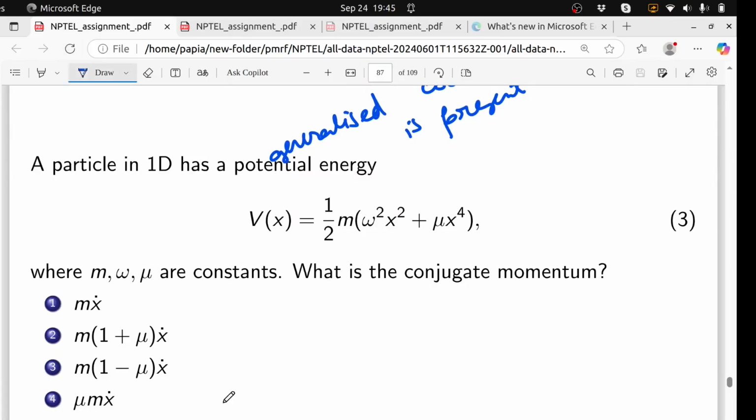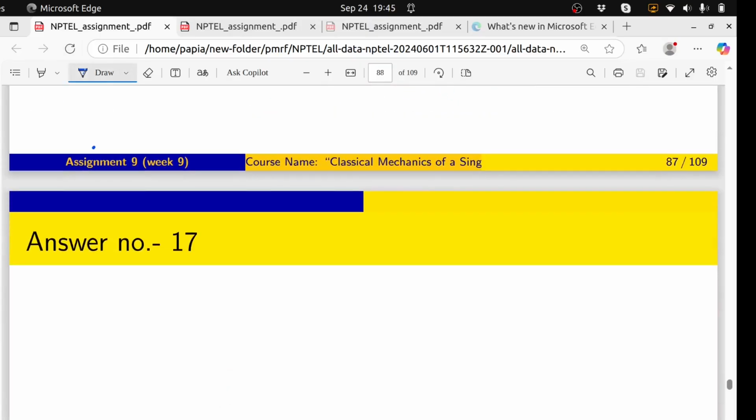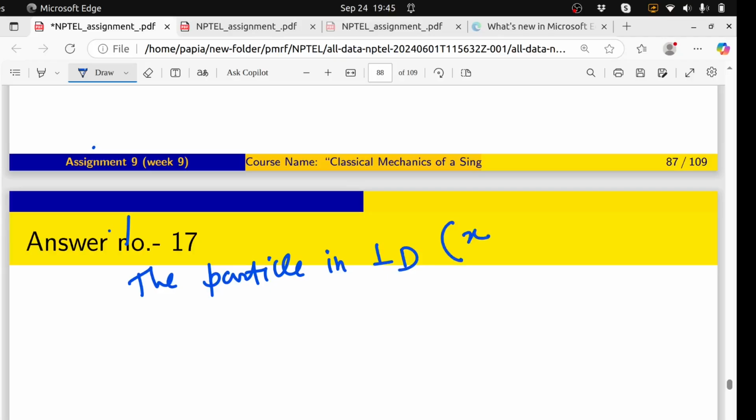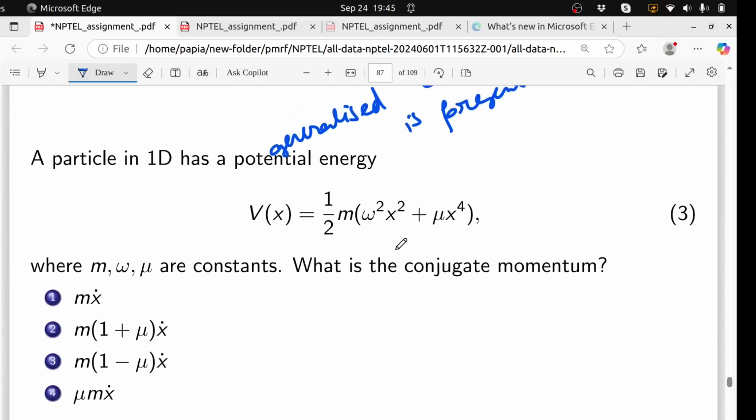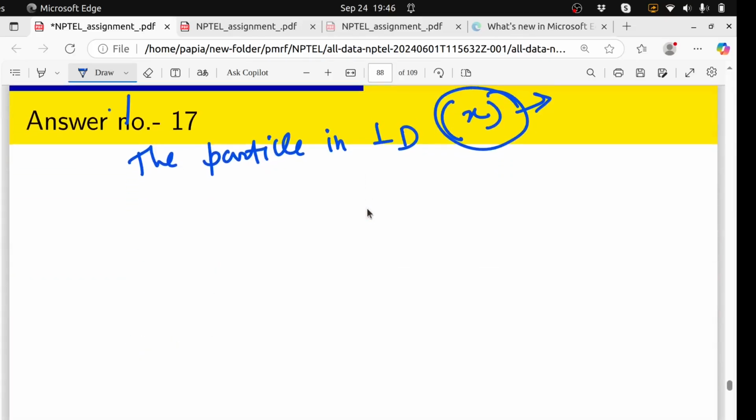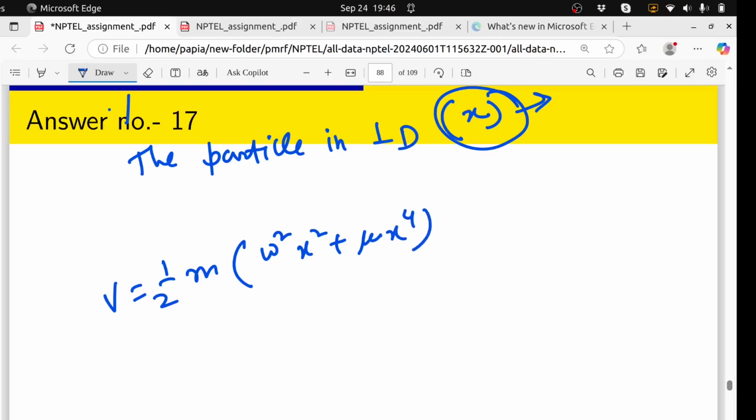Okay, the particle in 1D has the potential energy. 1D means the generalized coordinate will be x, because we can see that the potential is only a function of x. So the potential energy is half m omega square x square plus mu x to the power 4.